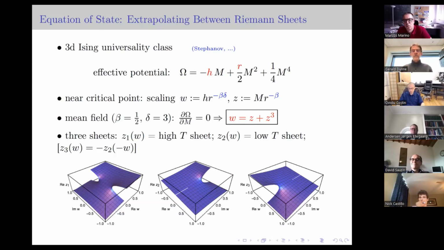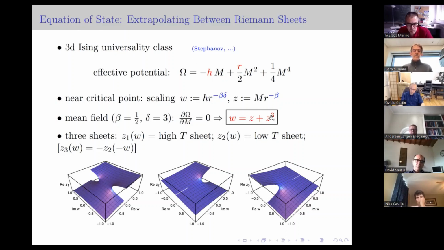I can state the problem as: let's try to uniformize this cubic just from a finite number of terms of the expansion on the first sheet of z as a function of w. If one could do that, one could accurately analyze the vicinity of this critical point within this mean field approximation and even beyond.